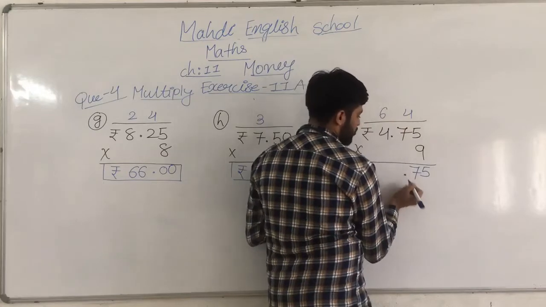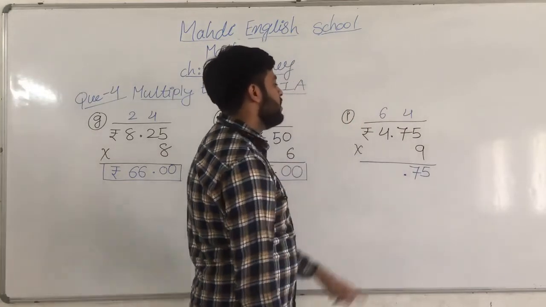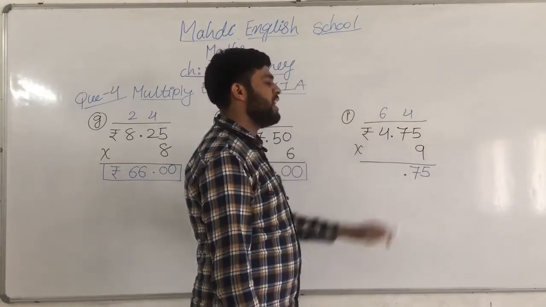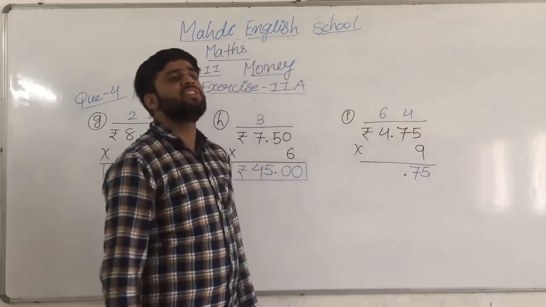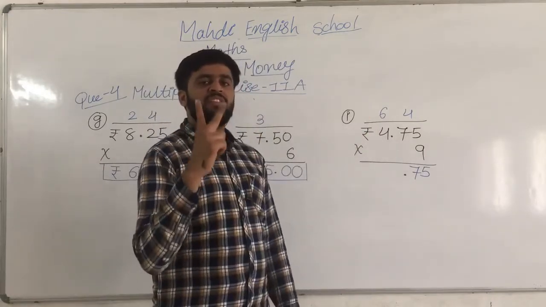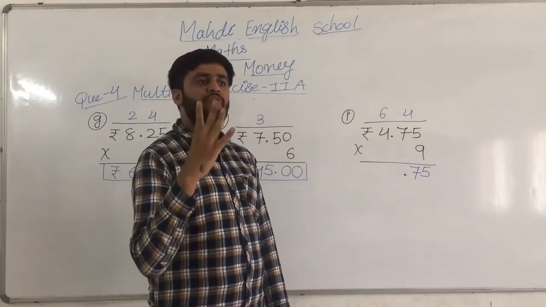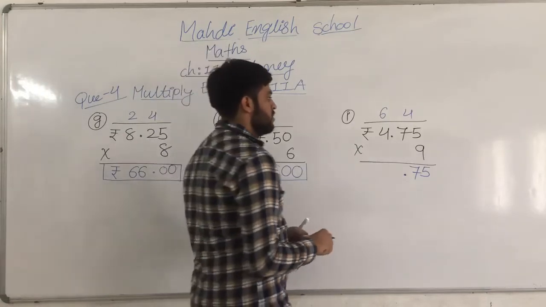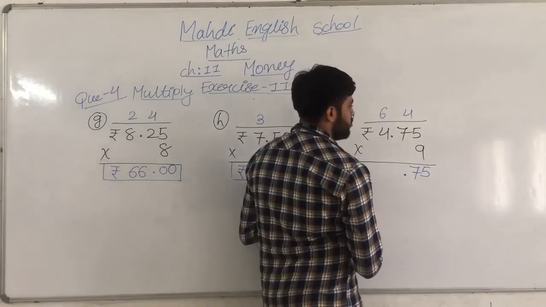Then we are going to put the point here. 4 9s are how many, my dear students? 36. 36 plus 6, so 37, 38, 39, 40, 41 and 42.